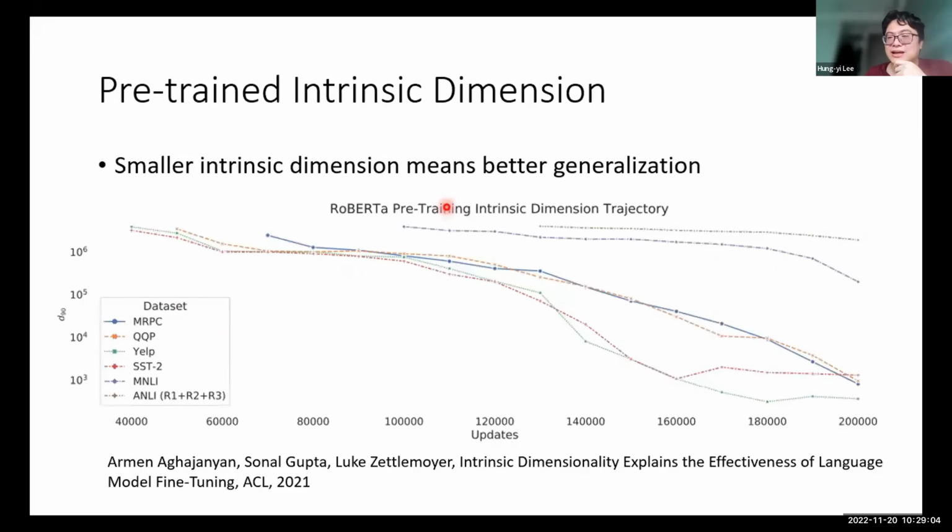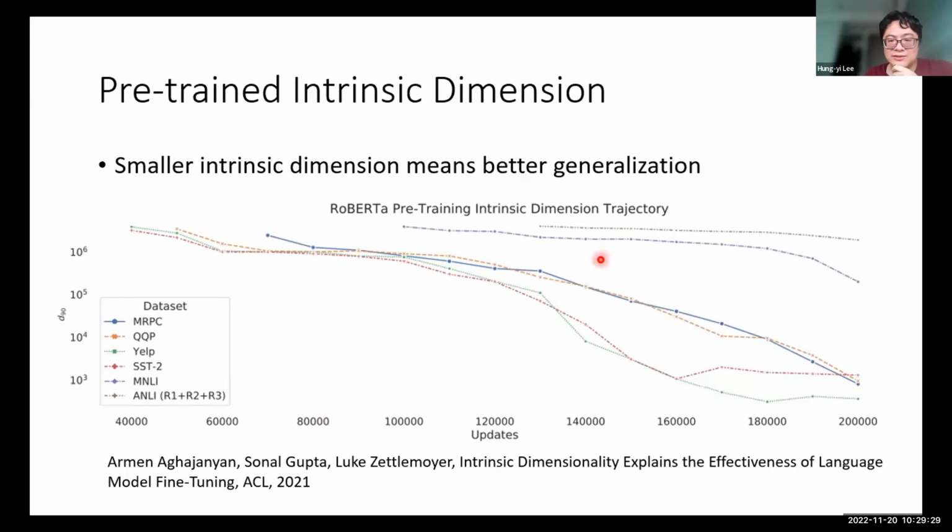And there's also some theoretical analysis. Here, there is a concept called intrinsic dimension. Due to time limitation, I cannot go through the detail, but just keep in mind that smaller intrinsic dimension means better generalization of a model.